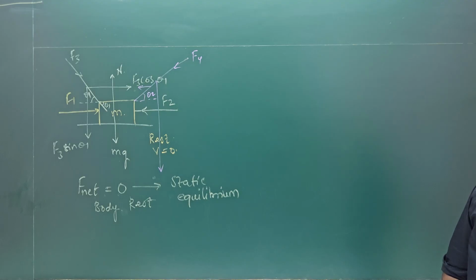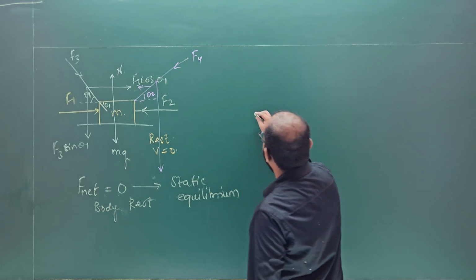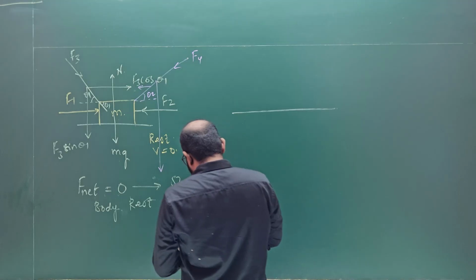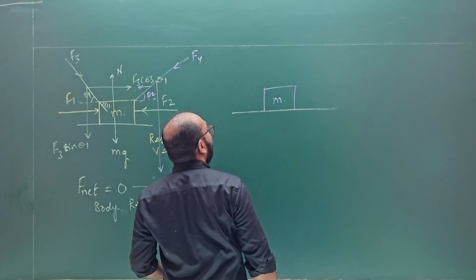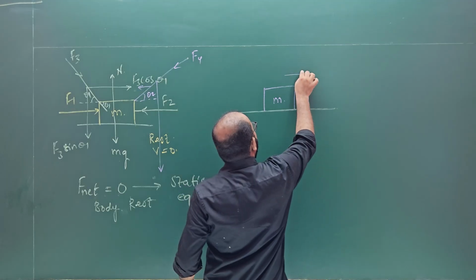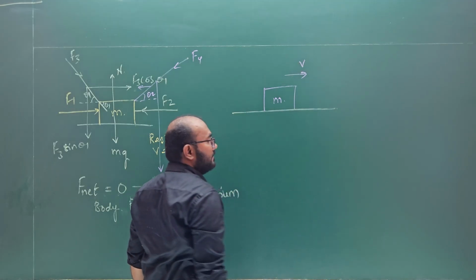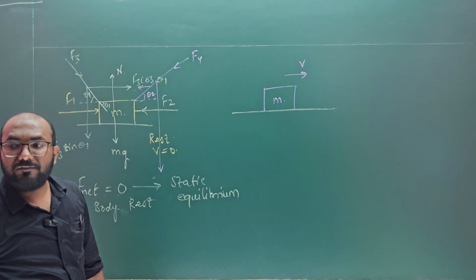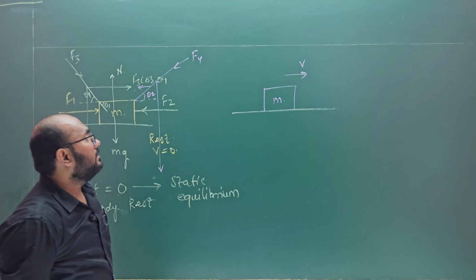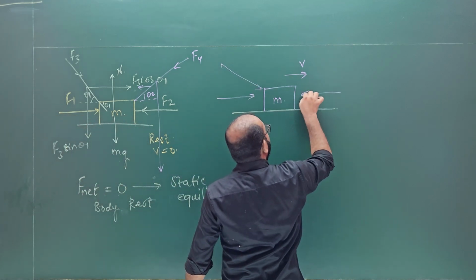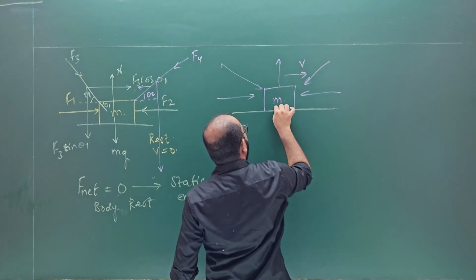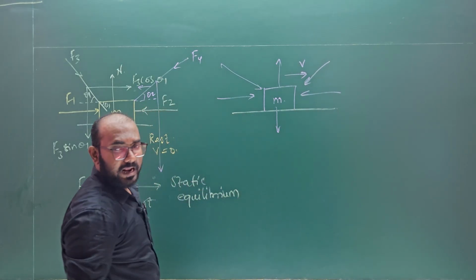Yes or no? Similarly, consider one more body in motion, having a mass m, and this body is initially moving with some velocity v. And similarly, I added n number of forces here, normal, mg, all forces are acting.